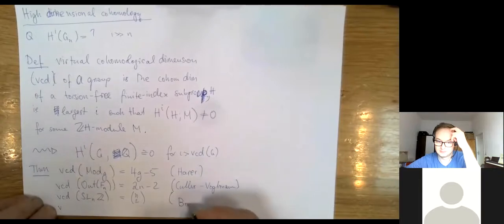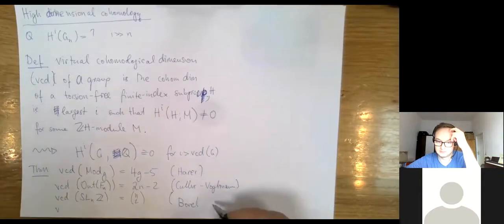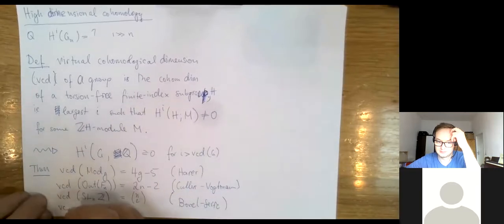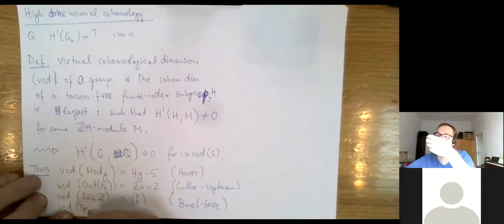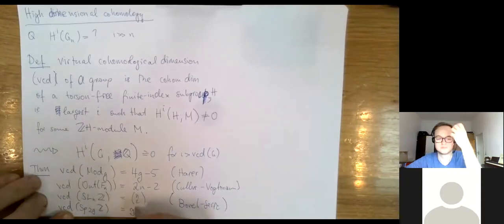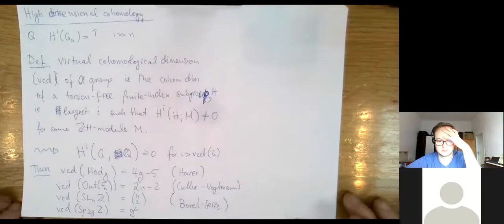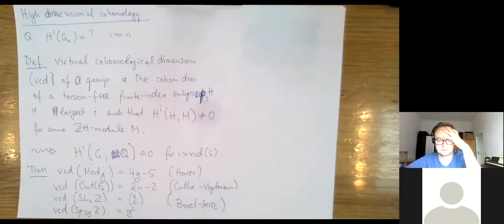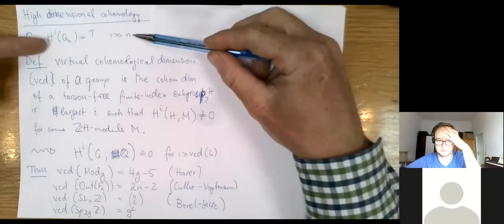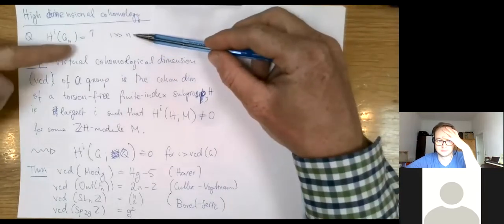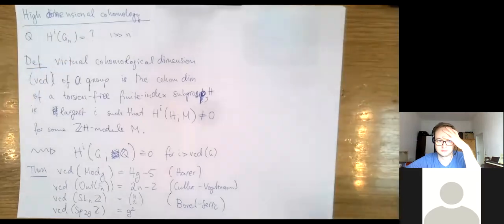Both of these results are again by one group of authors. For the symplectic group, you have this number. So all of these in particular do have finite virtual cohomological dimension, which answers this question: if i is large in comparison to n, these are just 0.